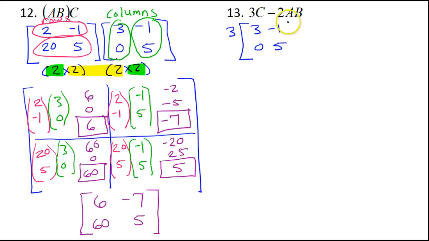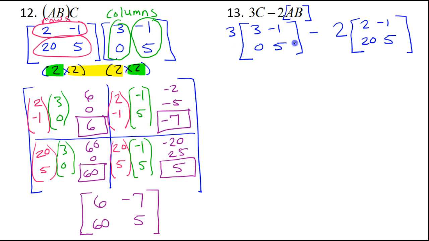Okay, so that's matrix C. And I need to do -2 times matrix AB. Well, I mean, it's 2 times A times B, but it's okay if I go ahead and consider this as matrix AB. And so matrix AB is right here. It's 2, -1, 20, and 5.